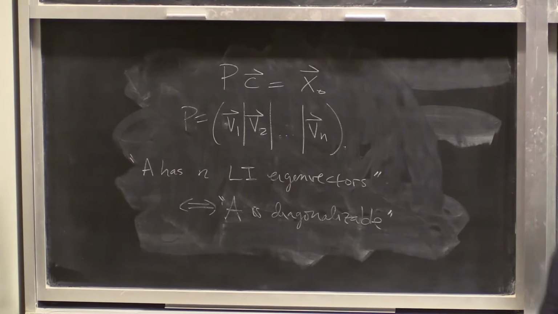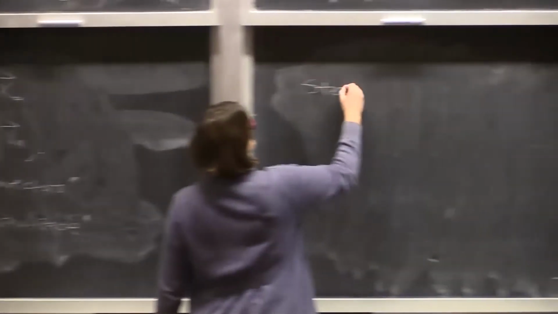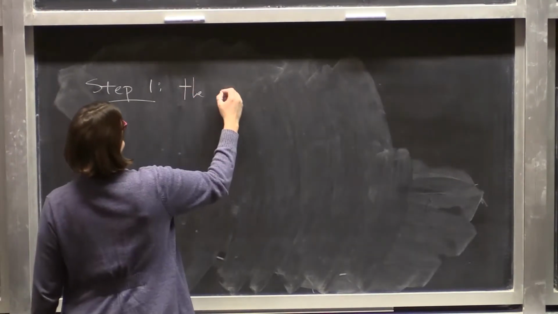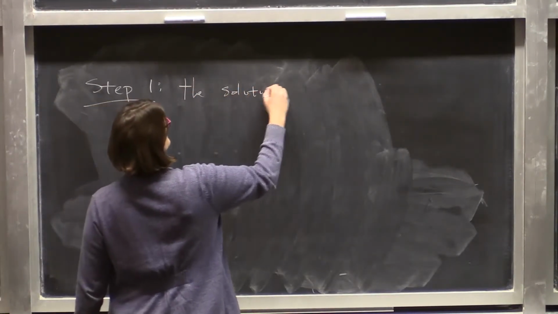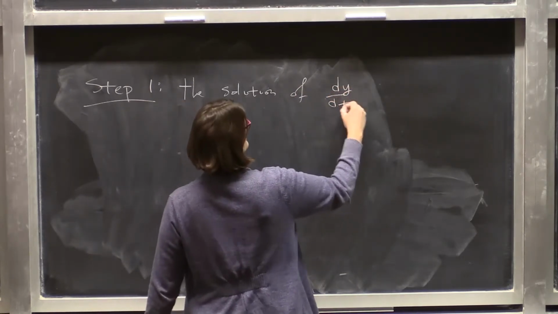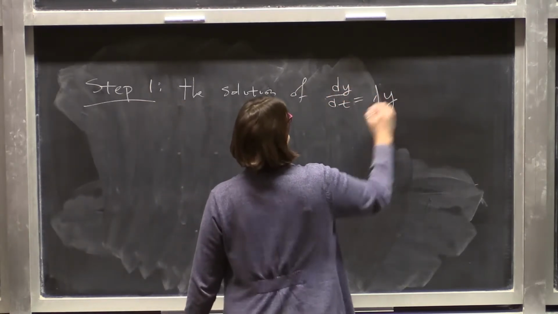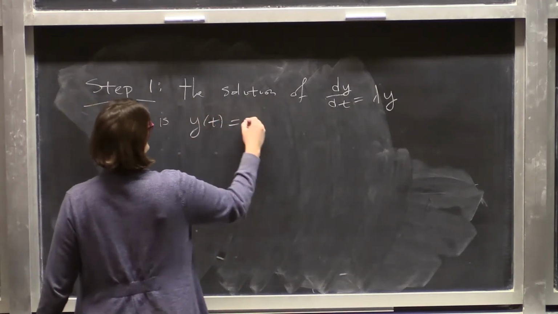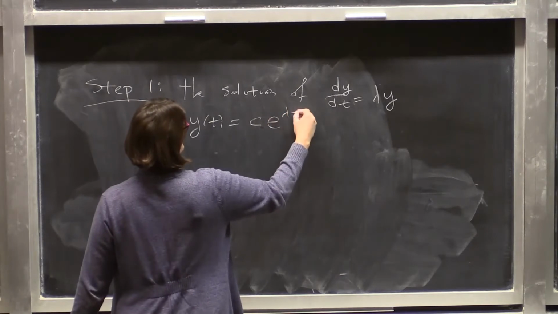Okay, first step. Step 1. The solution of dy/dt equals lambda y is y of t equals c e to the lambda t.